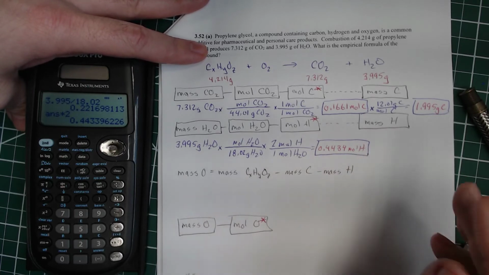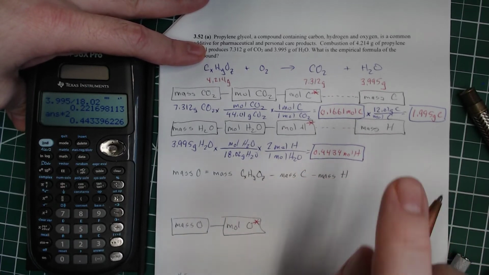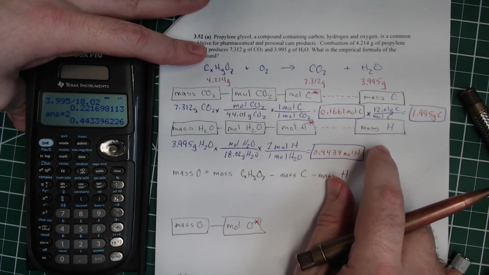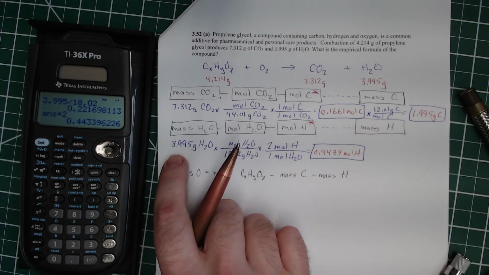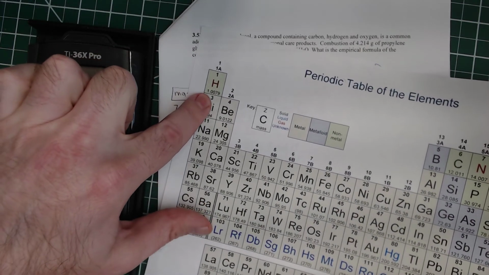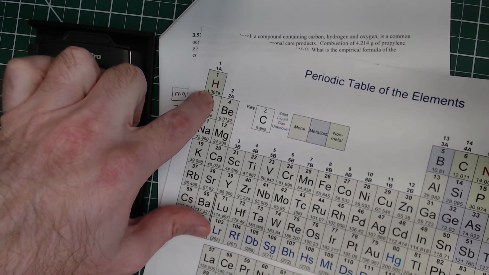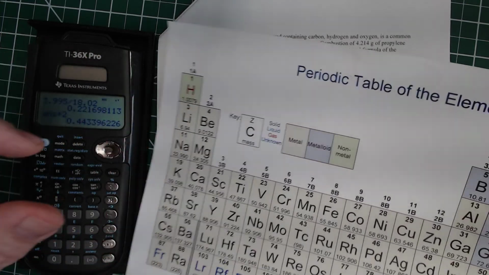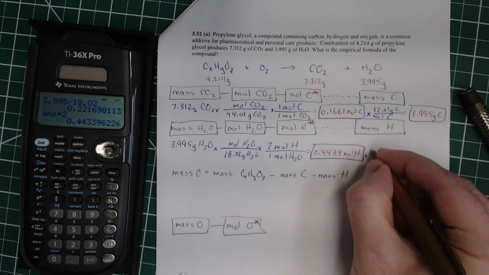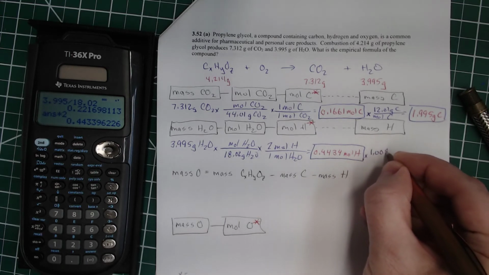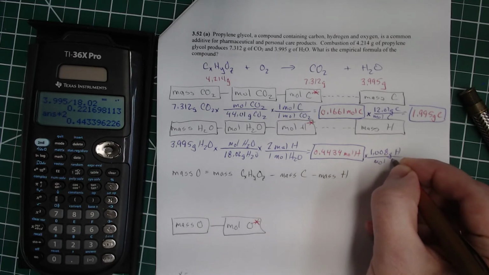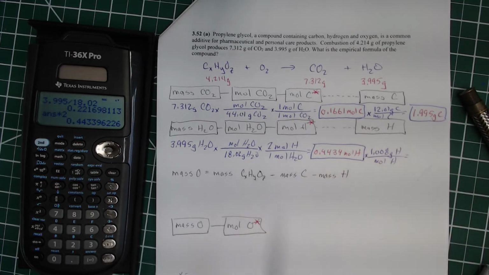All right, so now we've got the moles of hydrogen. We do want to get the mass of the hydrogen, and so we're going to need to use the atomic mass of hydrogen. Since we have 4 significant figures here, I'm going to use 4 significant figures from the atomic mass. So I'm going to use 1.008. So we'll multiply that by 1.008 grams of hydrogen per mole of hydrogen.